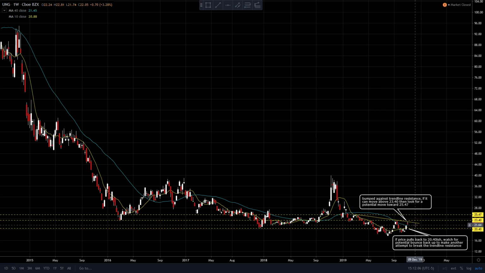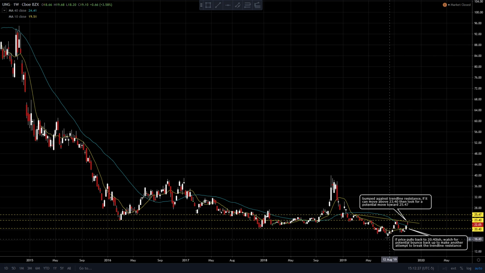So I'm essentially looking to see would it be able to move above this 2340 and then potentially come up to test this 2547, or would it be getting pushed back and dip below this 2040.